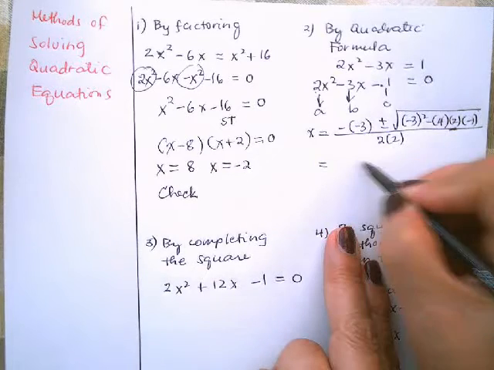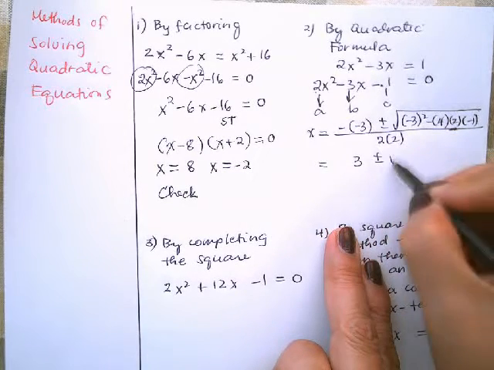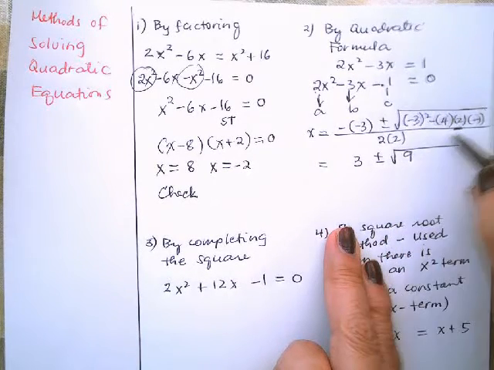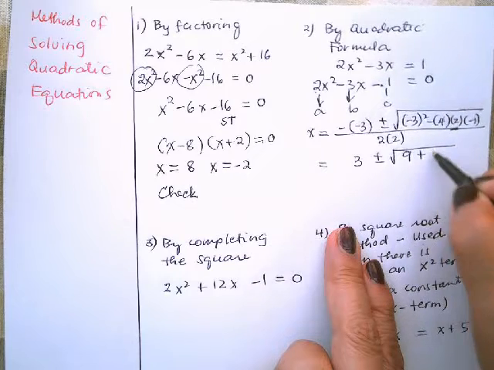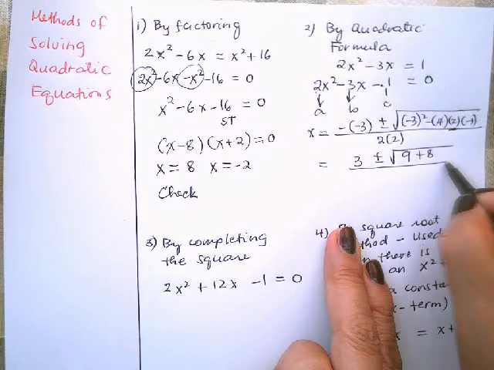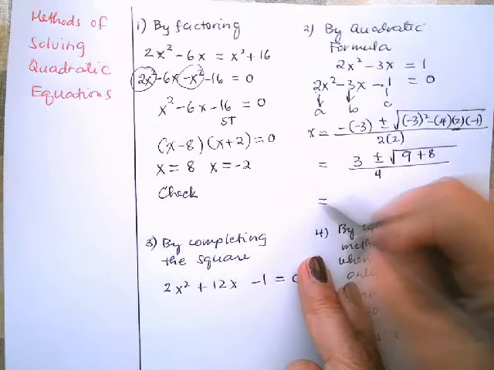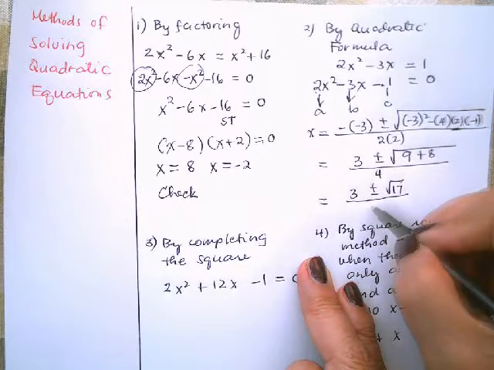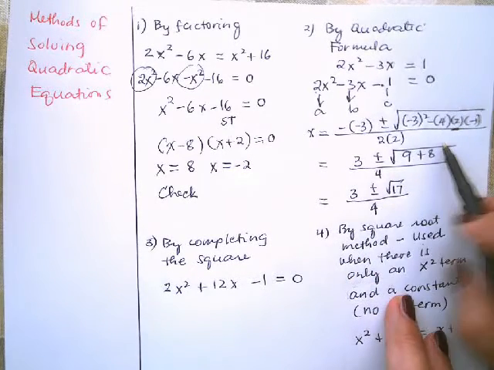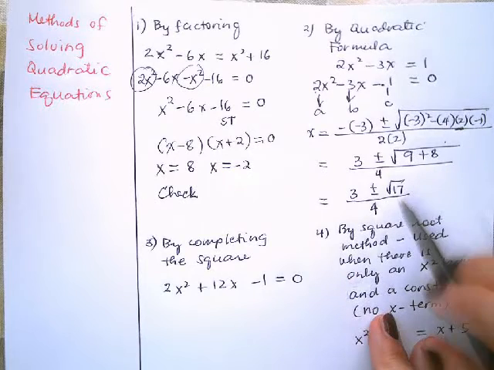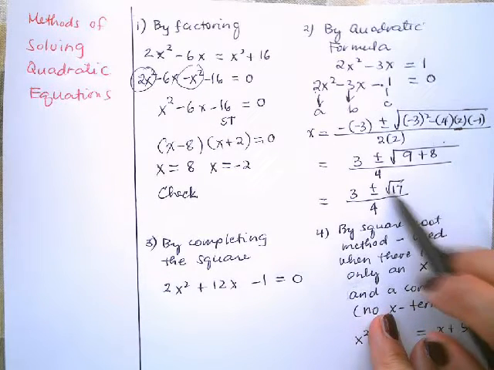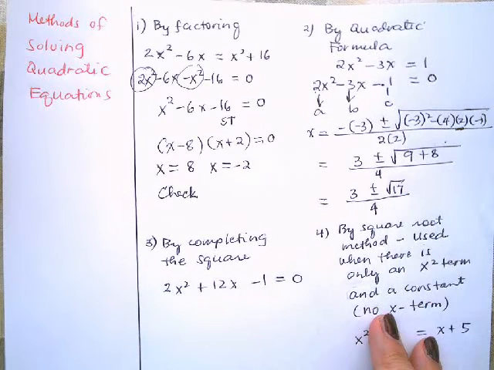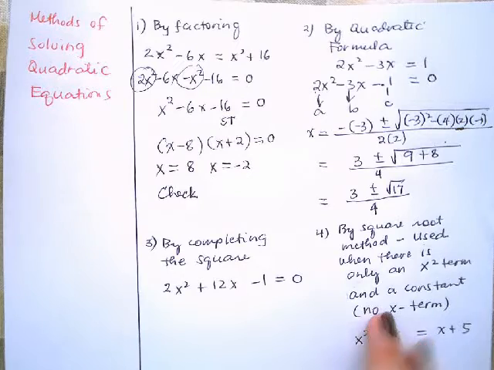Then you simplify the numbers. So 3 plus and minus square root of 9 plus 8 all over 4. So that will just be 3 plus and minus square root of 17 all over 4. Now you could also get an imaginary number here, or you could get a radical that you can simplify. So be sure you know how to simplify.